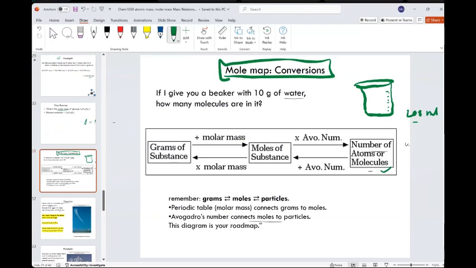So this is the map or diagram, whatever you call it. This is the snapshot I got from a book, right? So what is this? Just try to understand inside. So gram of substance, and this arrow going left to right here.